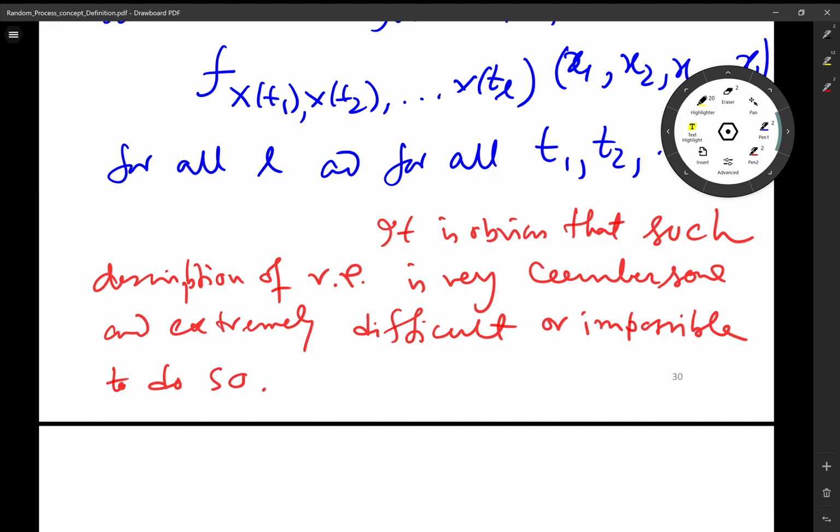Fortunately, the most widely used random process models have a specific structure that permits the computation of a simpler statistical specification.